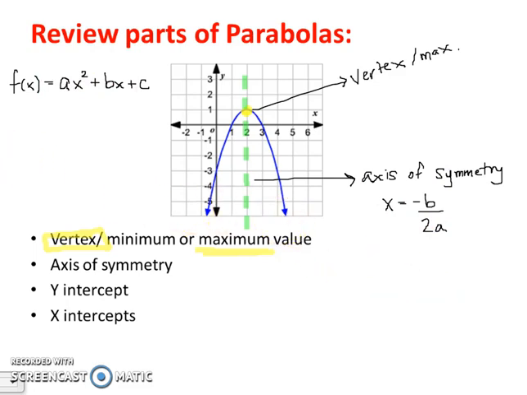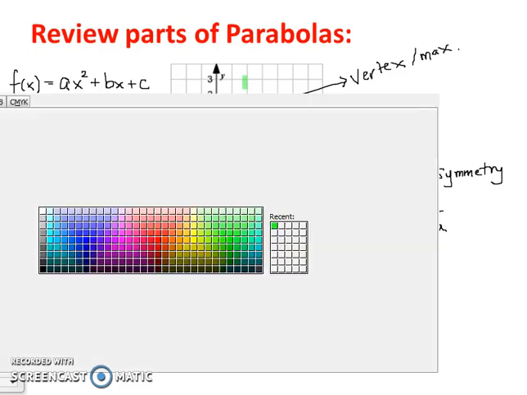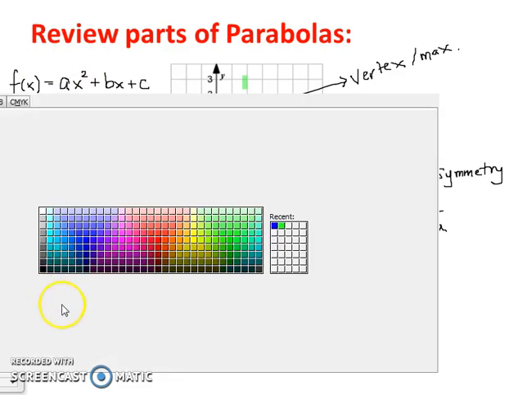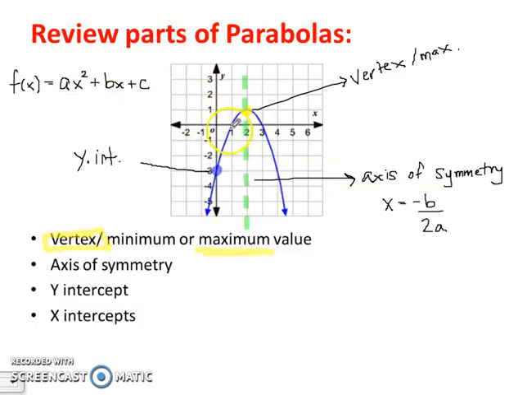And then our graph may have a y-intercept. Sometimes it won't, but that's where we cross our y-axis. So where we cross our y-axis is our y-intercept. And then last but not least, we've got our x-intercepts, and we talked a little bit about that in our warm-up.